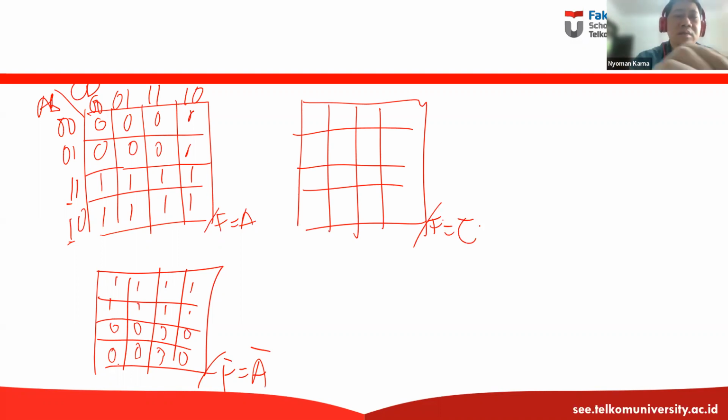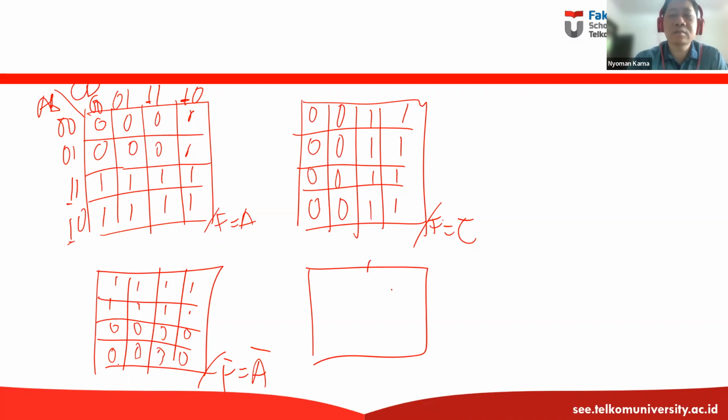C is this one and this one. So it will become like this. This is C. And the rest are 0. Now how about C naught?